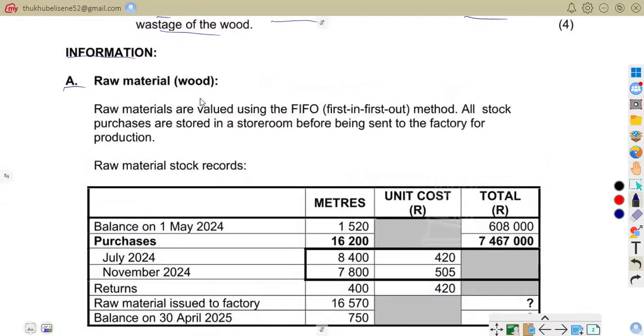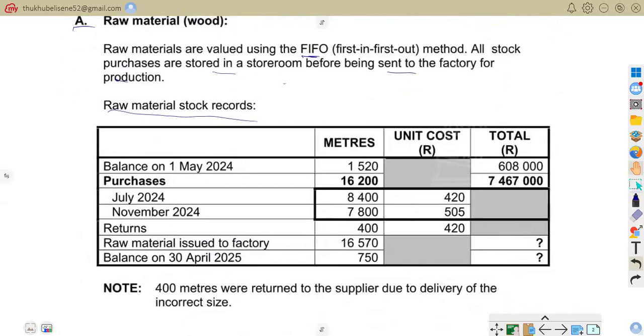As we can see, it says raw materials are valued using the FIFO, that is first in, first out method. All stock purchases are stored in a storeroom before being sent to the factory for production. So we have these raw material stock records. So as you can see now, we have balances on May 2024.